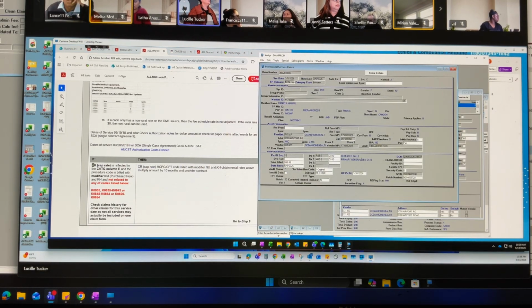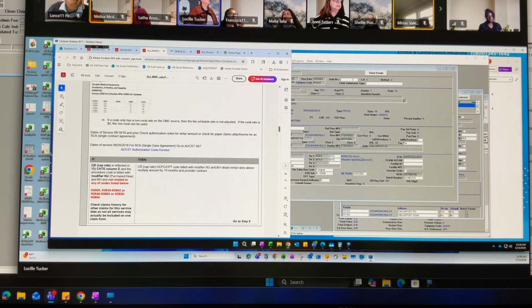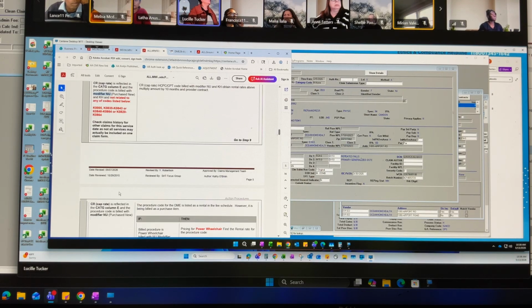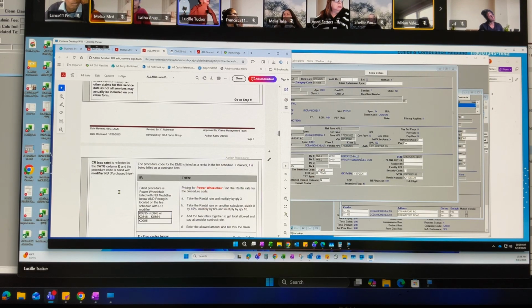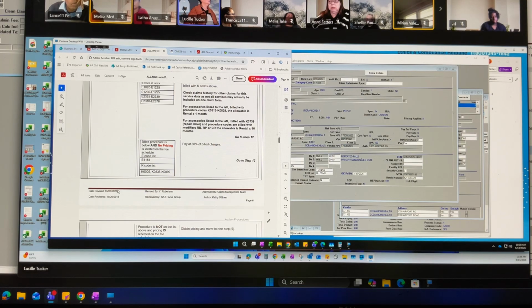So my first if-then statement asks me if I have the CR, capped rate, reflected in the category column E, and the claim is billed with an NU modifier. That is not me. Going to keep going. So the next question is, capped rental is reflected in category E, and the procedure code is billed with an NU. Once again, not me.